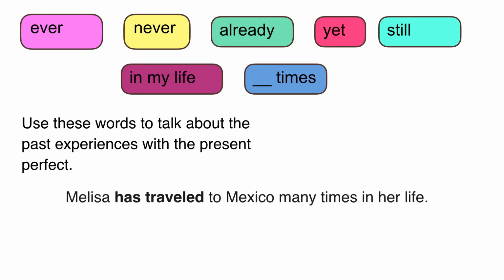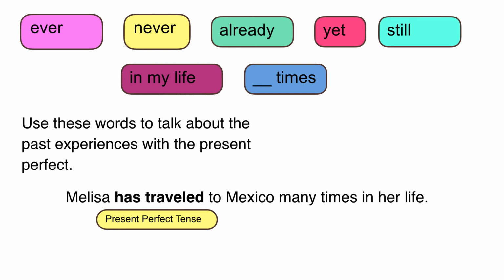For example, Melissa has traveled to Mexico many times in her life. Here, we use the present perfect tense. This is a past experience without the mention of a specific past time.